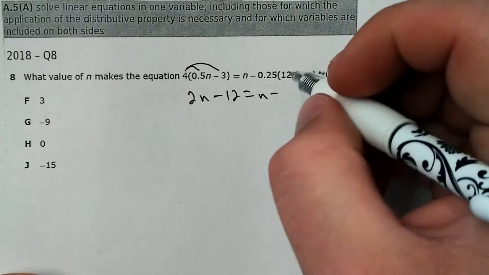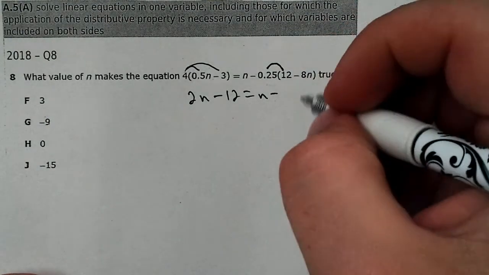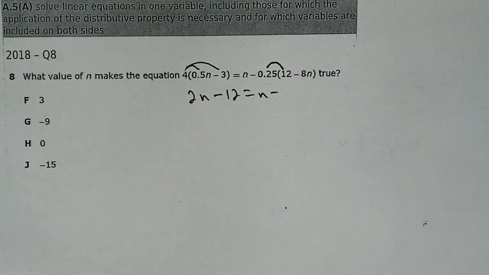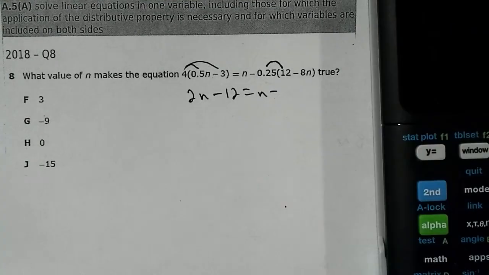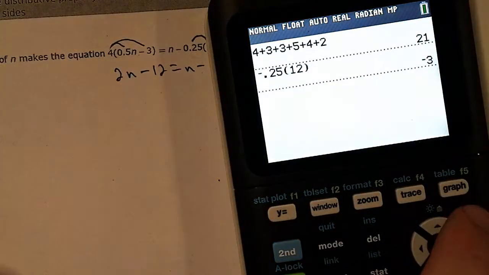N minus, and we've got negative 0.25 times 12, which comes out to, is that 3 or 4? Remember, you're going to have a calculator on your test. Might as well use it. And we get, it is negative 3.